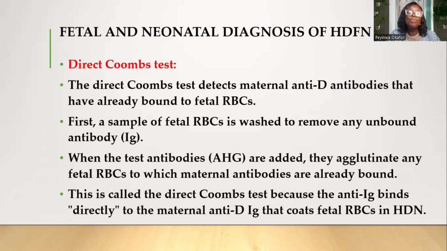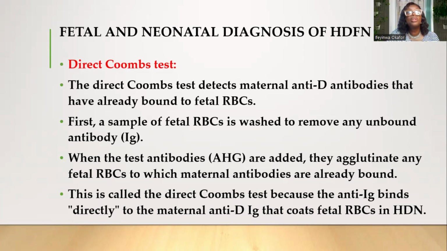This is called direct Coombs test because the anti-immunoglobulin binds directly to the maternal anti-D immunoglobulin that coats the fetal red blood cell in hemolytic disease of the fetus and the newborn. That is, the anti-immunoglobulin that you added binds directly to the maternal anti-D that has already coated the antigens on the baby's red blood cell. In the presence of HDFN, direct Coombs test is positive. And remember, direct Coombs test is done on the baby.